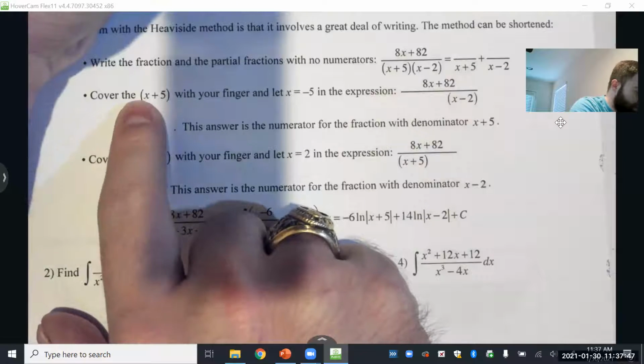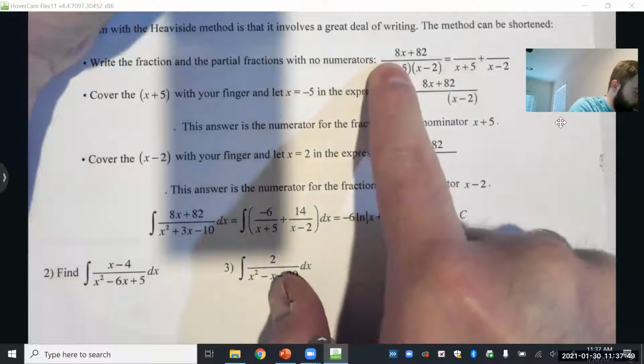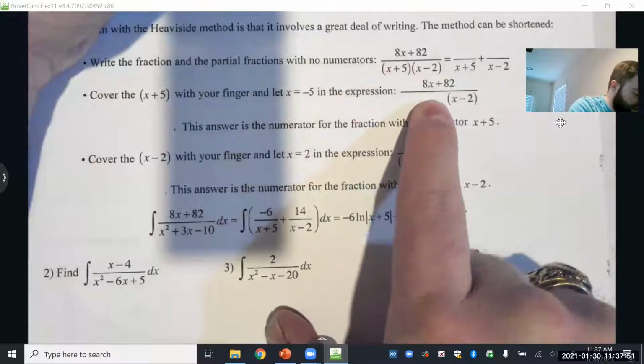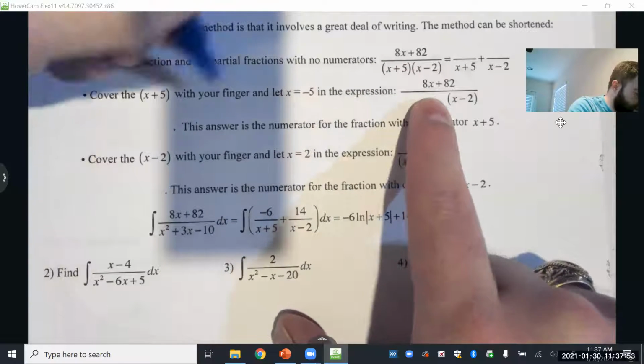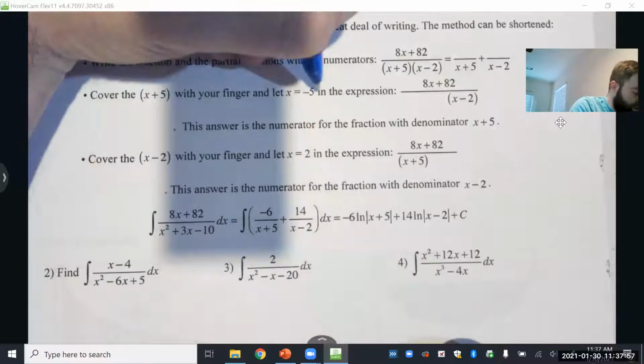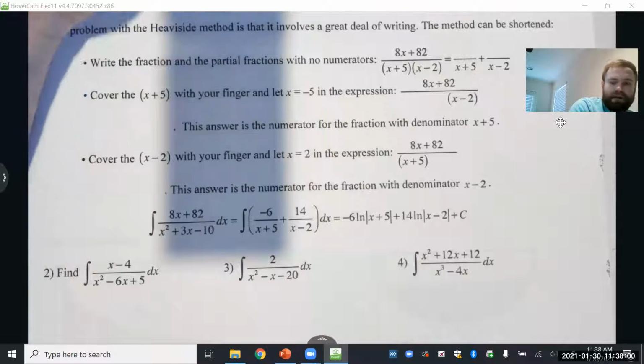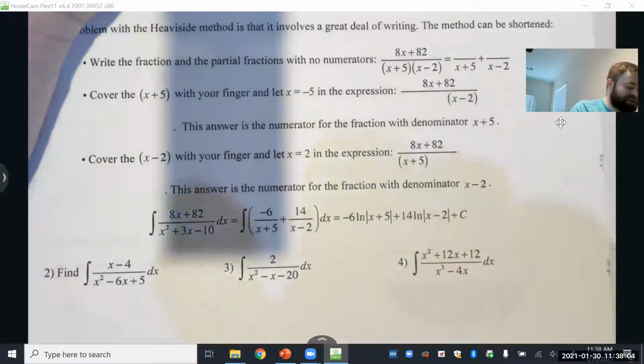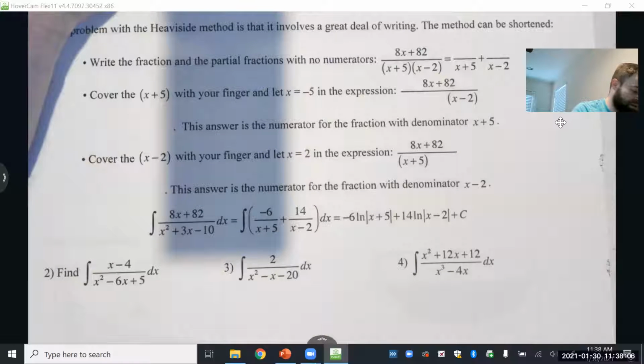So if we cover up the x plus 5, then that's what it looks like there. With our finger, we're going to let x equal the negative 5. How I'm getting the negative 5, and how I got the 2 on the other side, is whatever makes that expression equal 0. So this is quicker, less writing.